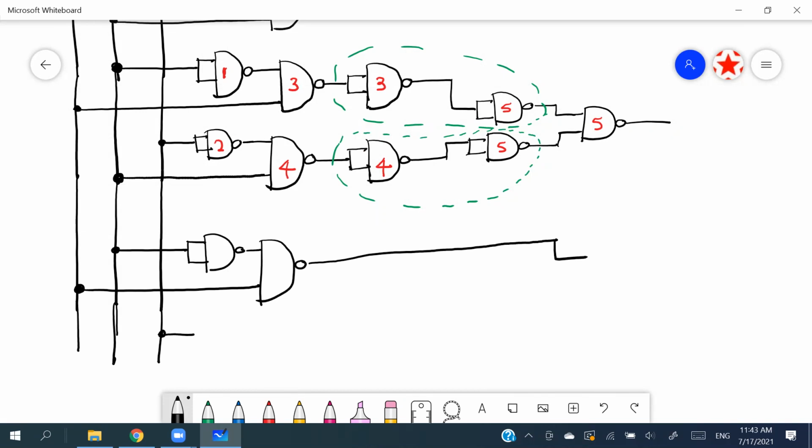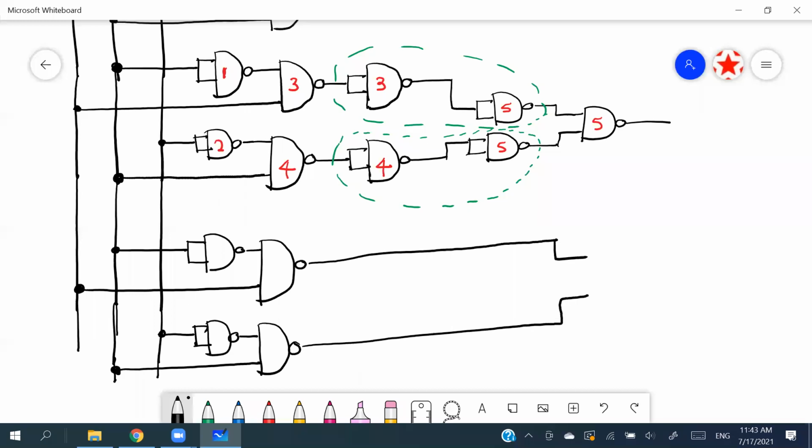And the line from here is taken, and this is taken from here. And this part is taken away. So at the end, you'll be having this, right?